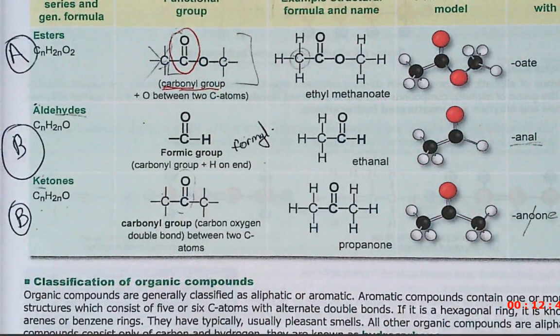But what is different about them? Joshua said that this carbonyl group will always have a hydrogen attached to it, meaning it's at the end of a chain. But this carbonyl group will be between 2 carbons. So that's how you know the difference.